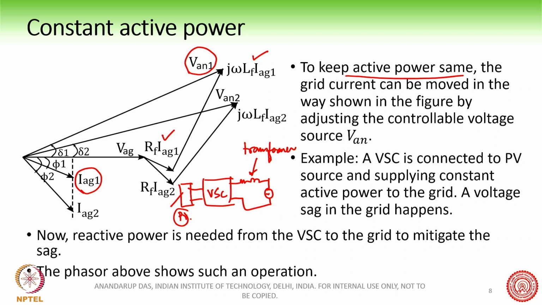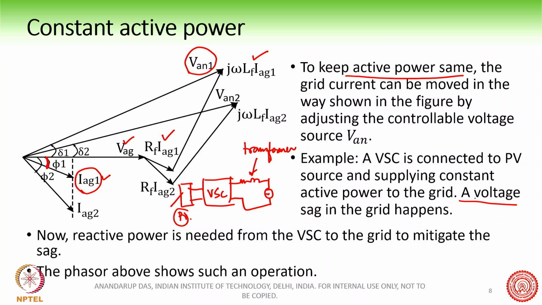And so the power being injected into the grid from this VSC is the voltage VAG and then IAG1 into cosine of the angle between VA and IA. So this is the power which is being injected.